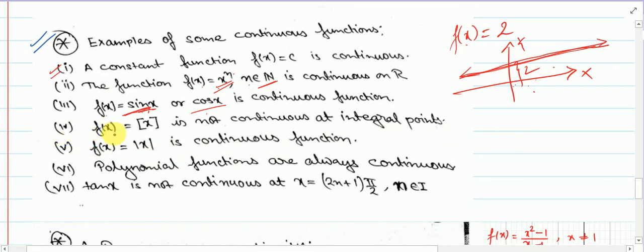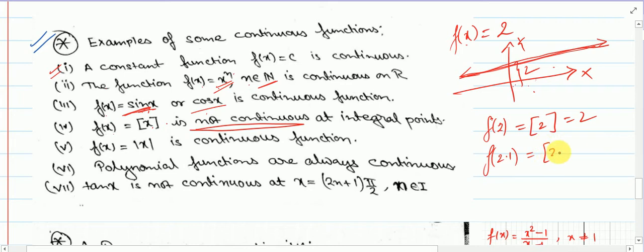Then f(x) equal to the integral part of x. This is not continuous. Here if I write f(2), then this will be 2 only. But if I write 2.1, then this will be simply 2.